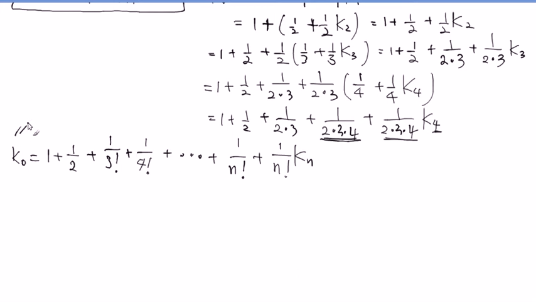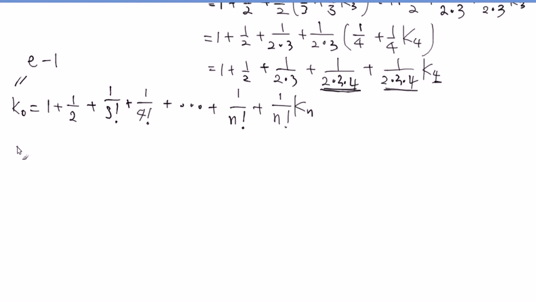So what is K0? Anybody remember K0? It was e minus 1, right? So here's the moment. Not yet, but it's almost. e is 1 plus 1 plus 1 over 2 factorial, which is 1 times 2, the same as 2, and 1 over 3 factorial, 4 factorial, all the way up to n factorial. This is pretty good.